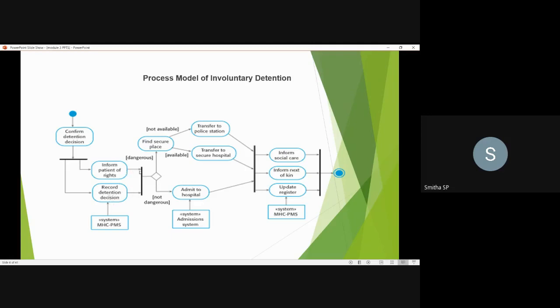Only once both these activities complete their work can you move on to the next activity. So these activities are executed in parallel, and the solid bar indicates the activity coordination. This is how the activity diagram can be explained for the MHC-PMS process.